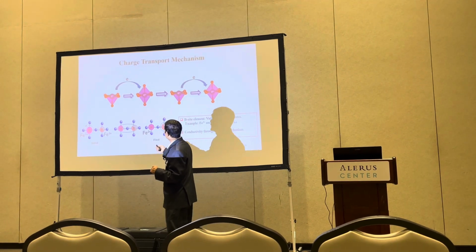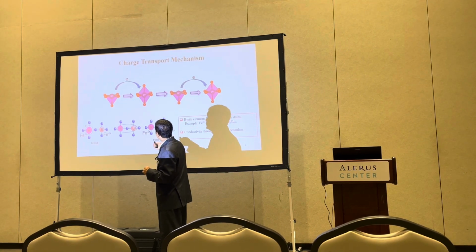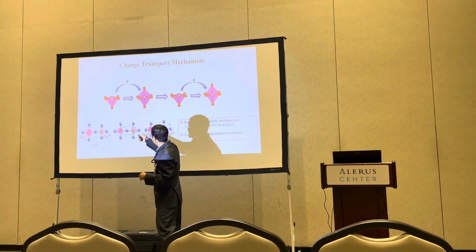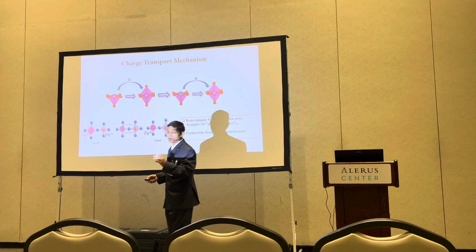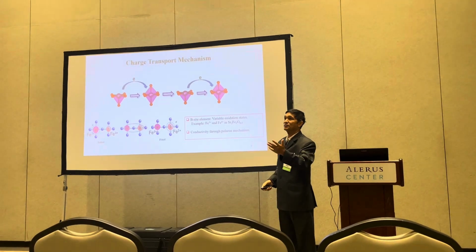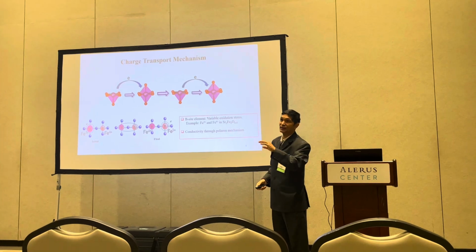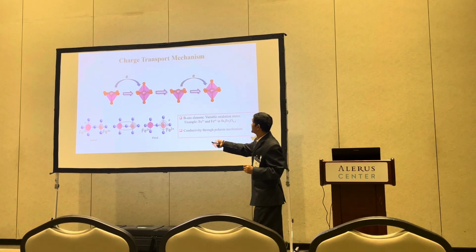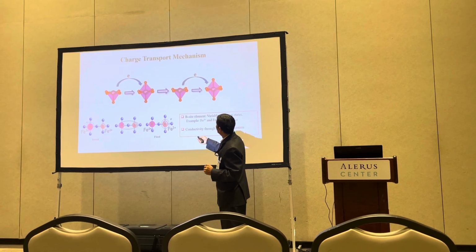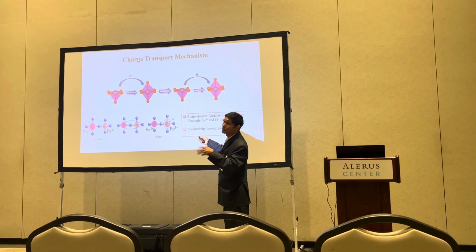So in this case, with oxygen and without oxygen, two oxidation states of this B cation are there. For example, if it is iron, then it may have +3 and +4, or +2 and +3 oxidation states. Different oxidation states will be here. So charge transfer means electron transfer.